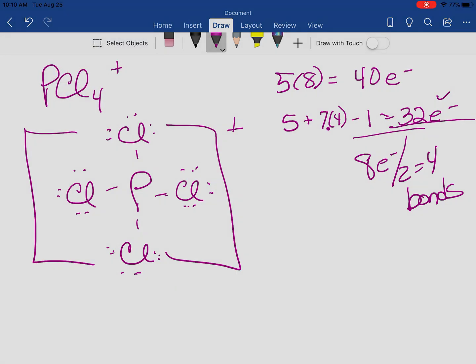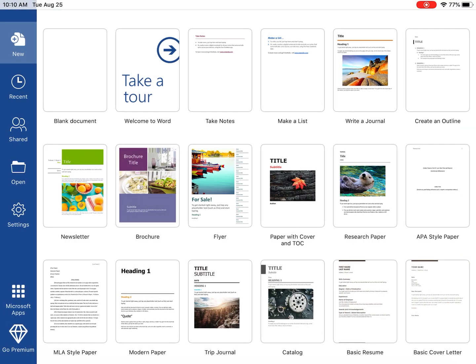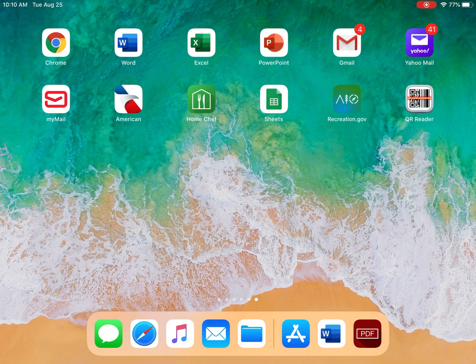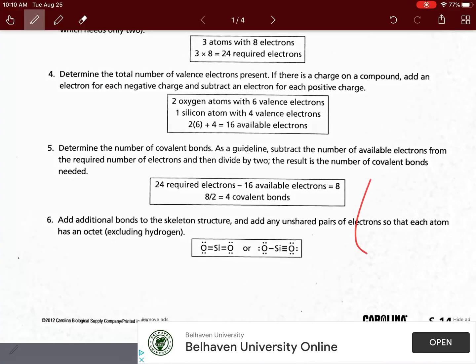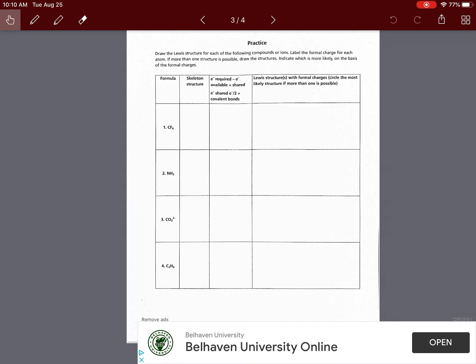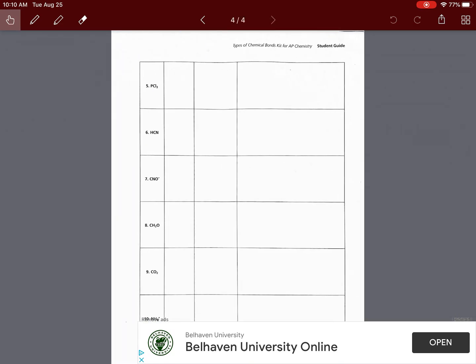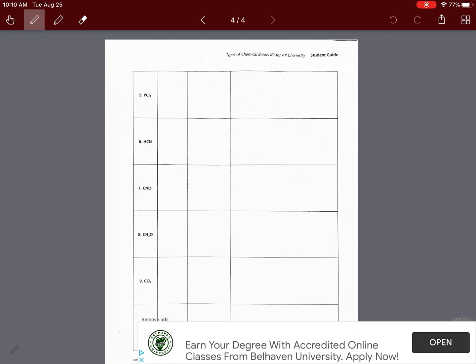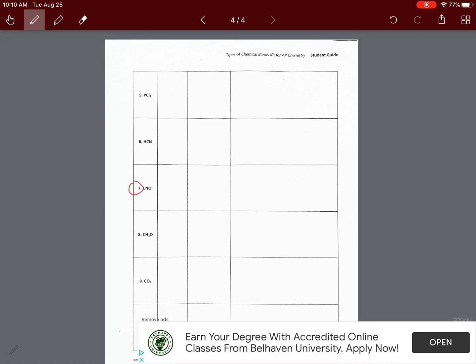I'm going to stop here and tell you, let me go back to the PDF if I can. Here we go. For your homework for today, I want you to skip number 7 and skip number 9.